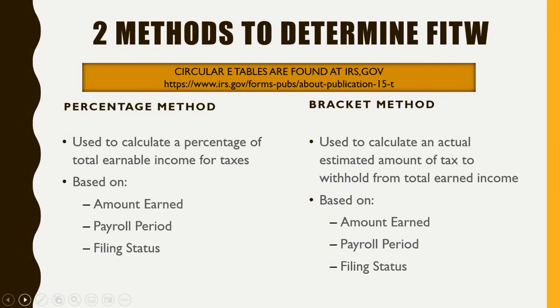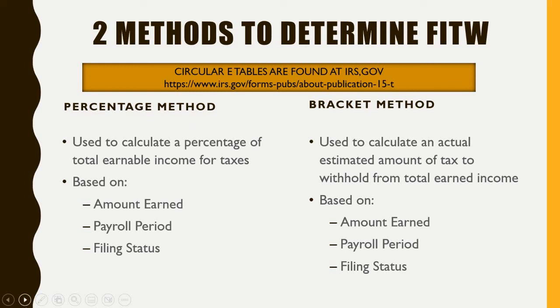Let's talk about the two different methods you can use to calculate your federal income tax withholding. You have the percentage method, which is a more accurate calculation, where you utilize a tax table to determine what percentage you're going to calculate the individual's income tax withholding by. With the bracket method, you determine your total amount of income and your total withholdings, and you just use the tax table and locate where the amount of tax is.